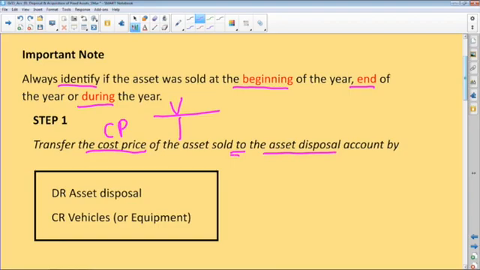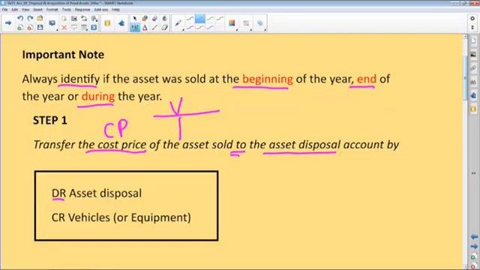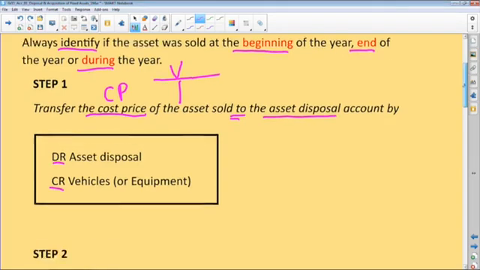How do I do this? I need to pass a general journal entry, which will be as follows. I'm going to debit asset disposal and I will credit vehicles, or I might credit equipment depending on what I'm selling. Okay, so that is step 1.